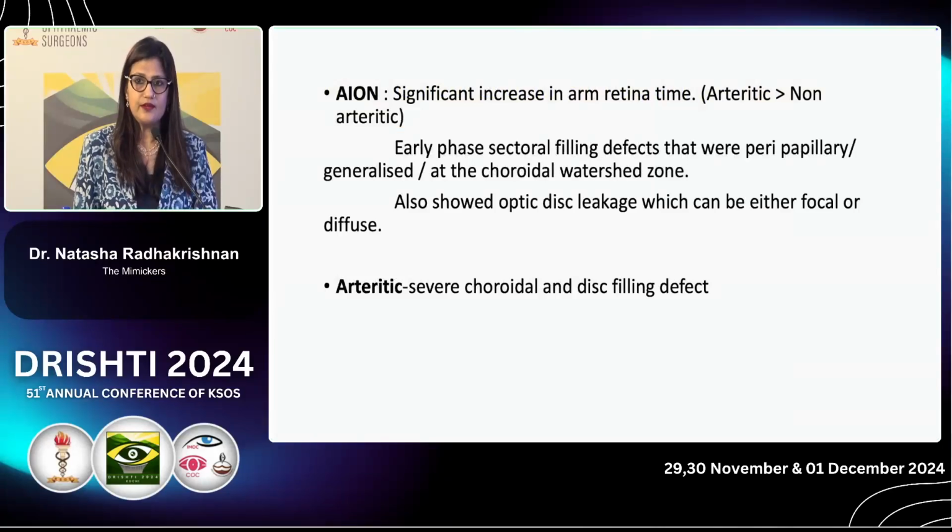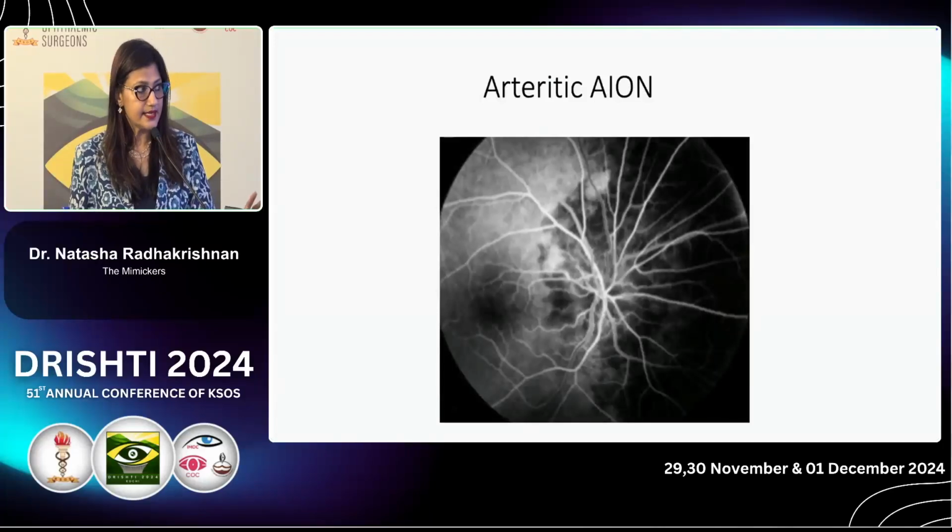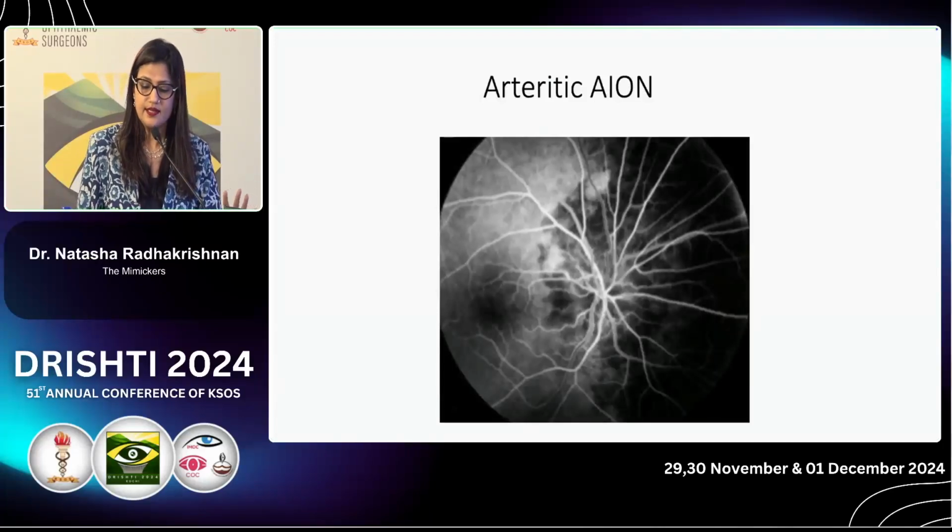In AION, fluorescein helps us because in arteritic, you will get a significant increase in the arm retina time. The early phase sectoral filling defect can be very clearly seen, and late optic disc leakage will be seen. In arteritic, you will find severe choroidal filling defect also. So this is an arteritic AION where you can see that the choroidal filling is also very patchy.